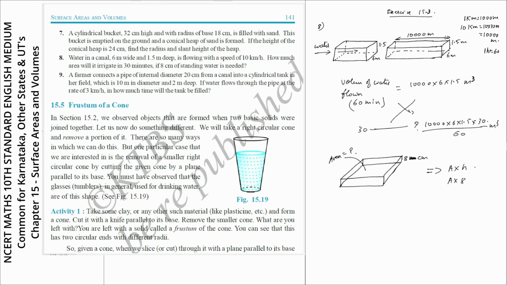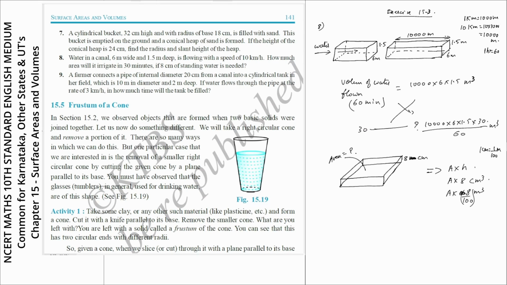When converted to meters, it is 8 by 100, because 1 centimeter is equal to 1 by 100th of a meter.